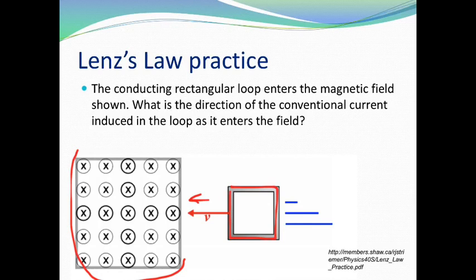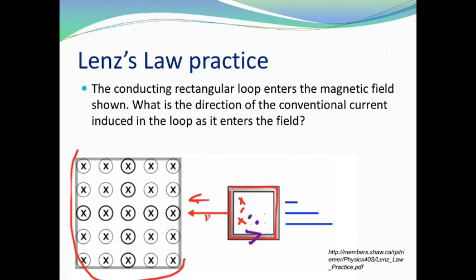Okay, hopefully you're back. So hopefully you'll realize when you bring this loop over the magnetic field, what's going to be happening is the number of X's is going to be gradually increasing inside the loop. So if that is true, what direction is your current going to go such that it will oppose the change? Well, if you use your right-hand rule and you have the current going this way, then you're going to create magnetic field dots coming out of the page at you, something like that.